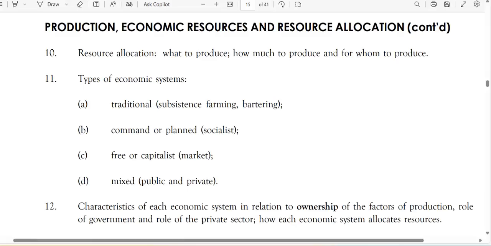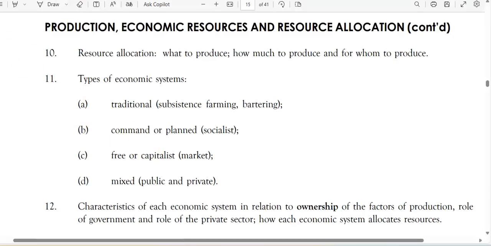Disadvantages of a command or planned economic system: inefficiency, lack of competition can lead to waste and poor quality goods, shortages or surpluses, planners may miscalculate what people need, and consumers and businesses have little or no say in economic choices.